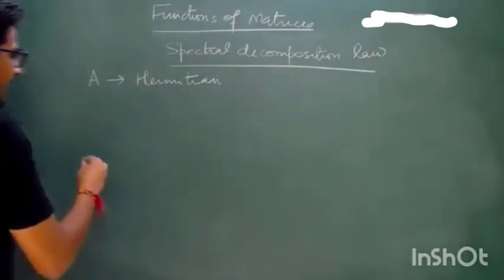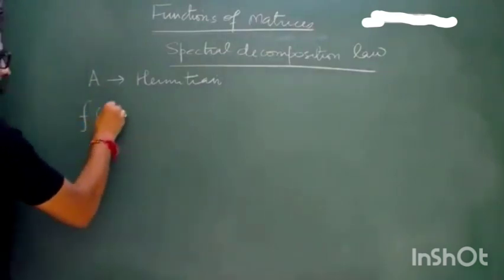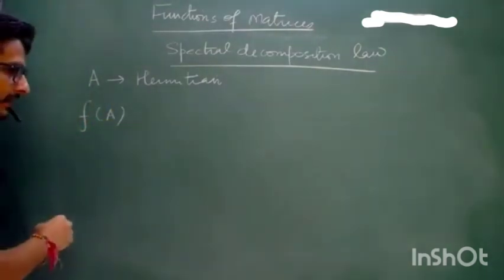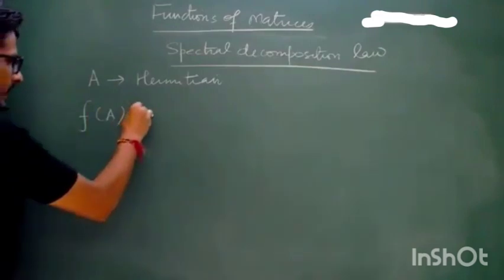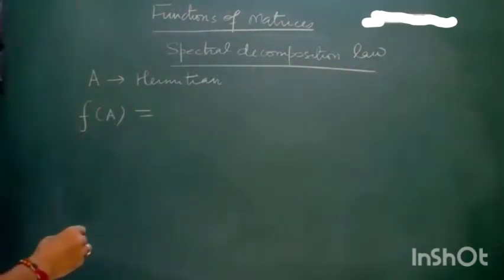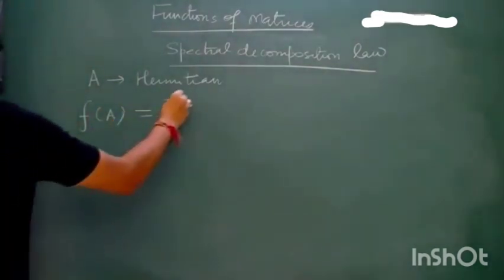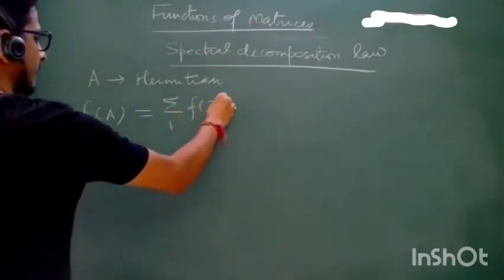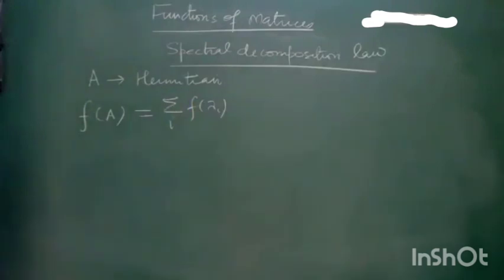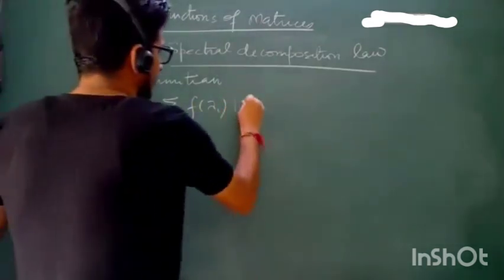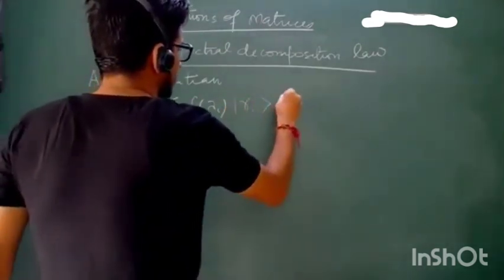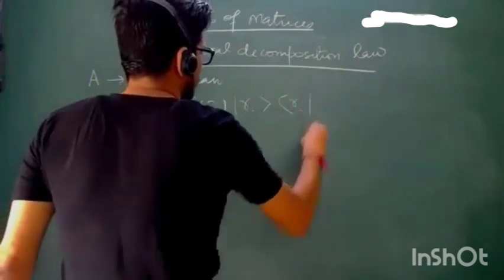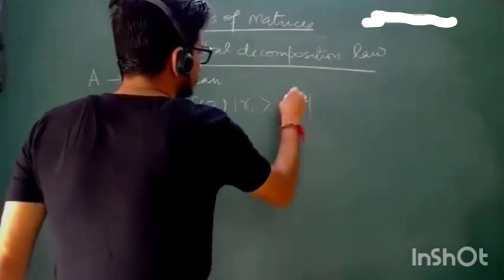Please see, any function you want to write for A can be written as summation i, f of lambda i, into |Ri><Ri|. The symbols you understand now?